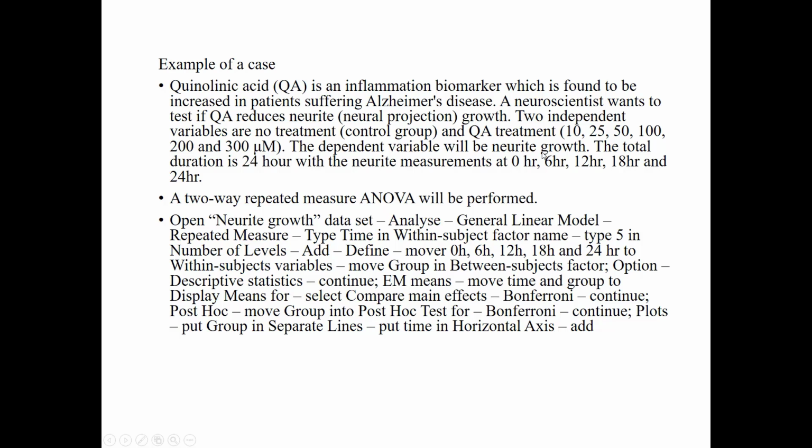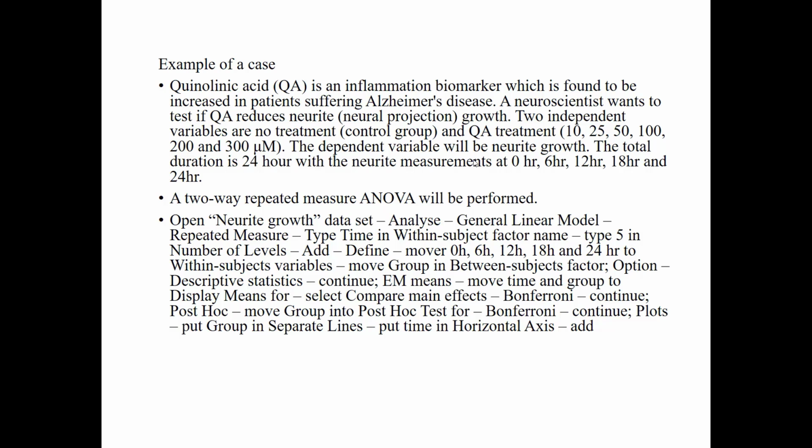A neuron has a projection that grows, and we ask whether quinolinic acid will reduce the growth. The total duration is 24 hours. The scientists measured the neurite growth at 0 hours, the baseline, 6 hours, 12 hours, 18 hours, and 24 hours. So this is a typical two-way repeated measures ANOVA.